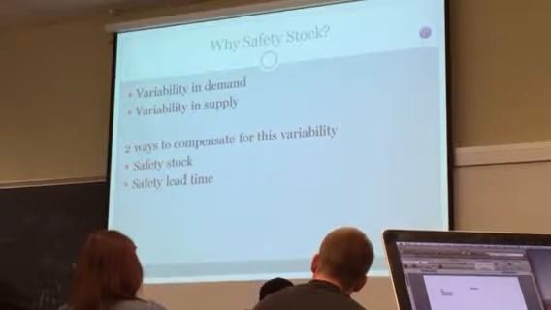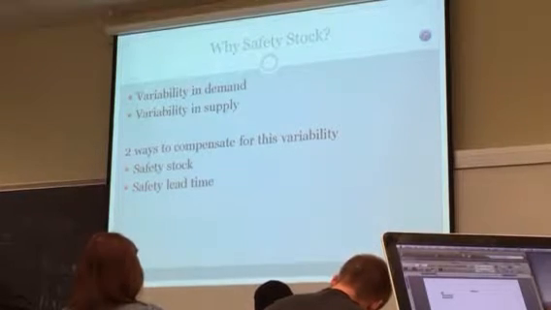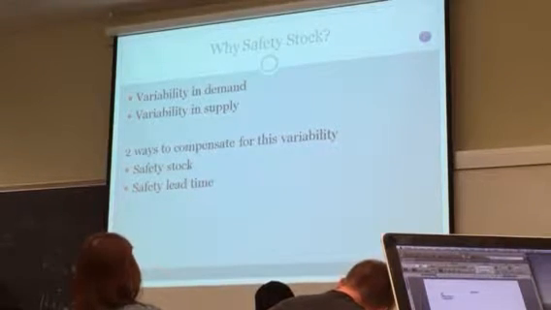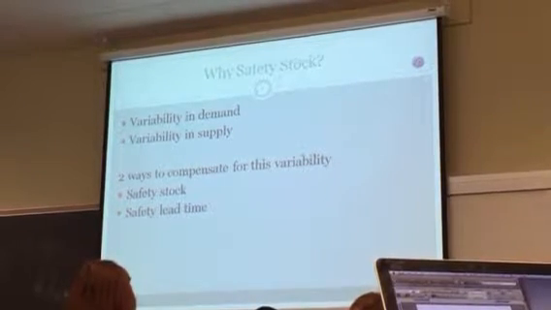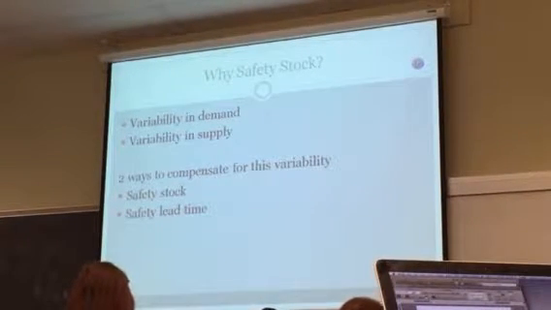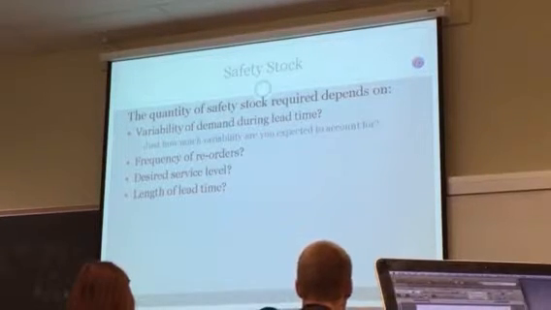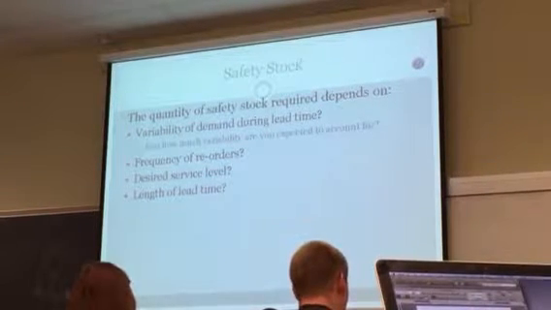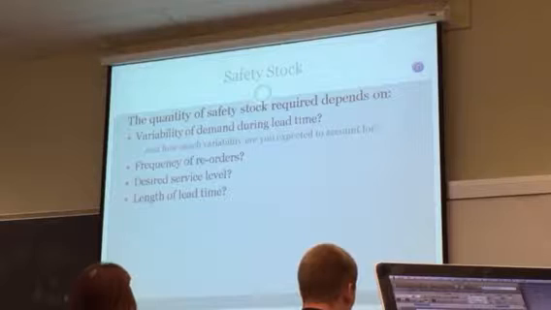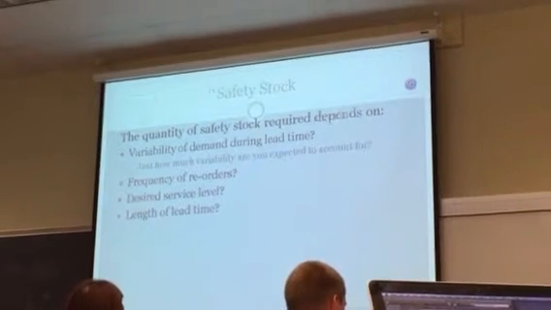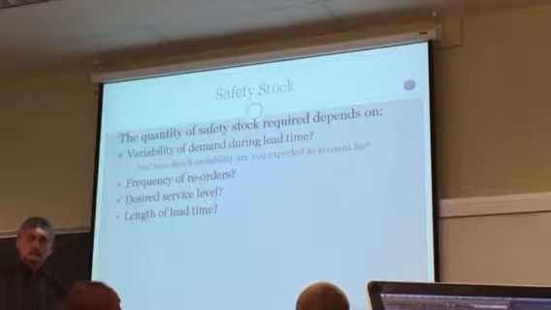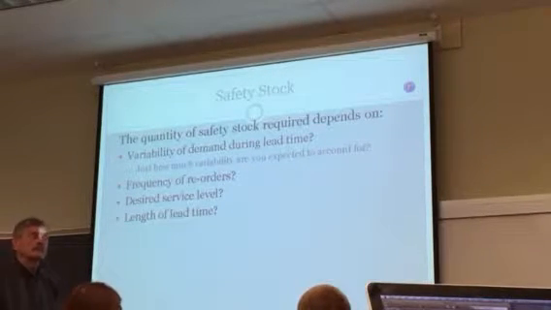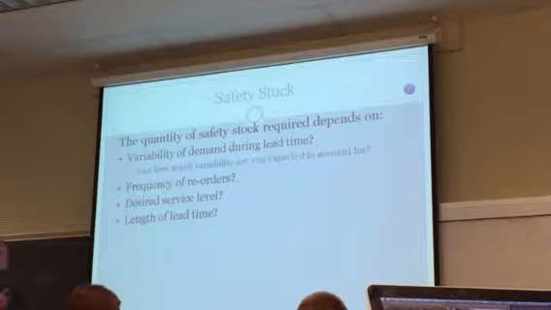Why safety stock? Pretty straight up. Variability. Variability in what? Variability in customer demand and variability in your supplier's ability to ship to you when they claim they will. What is safety stock? Formula: service factor times your standard deviation. Okay? So back to stats 1, normal distribution.